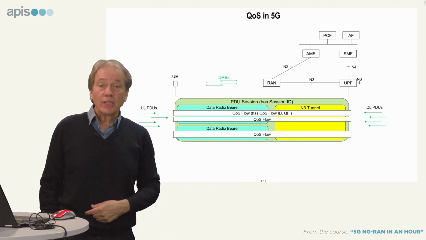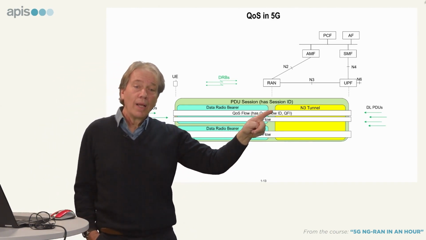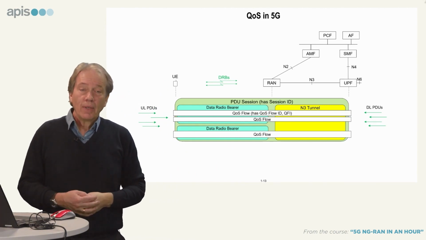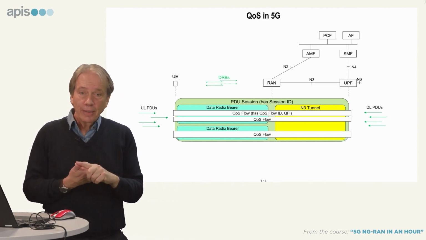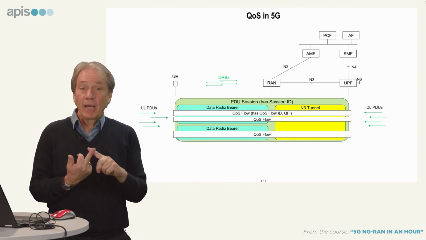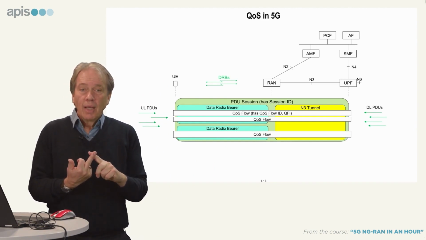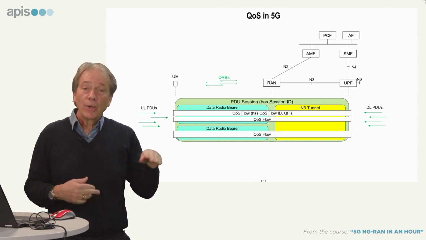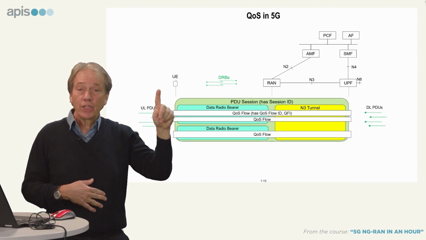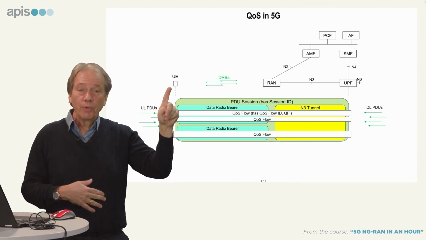And the idea is that each QoS flow has some QoS profile, a certain bit rate, a certain latency, a certain packet loss tolerance. And this is how we can differentiate traffic to and from one user equipment.